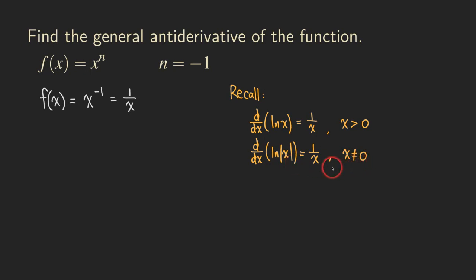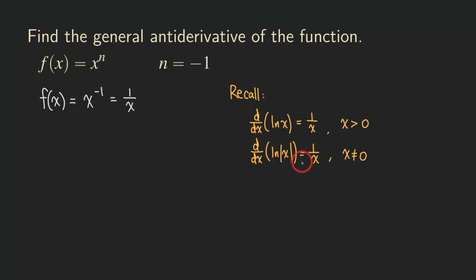So now what happens? Which one do we pick? Should we pick ln of x because it looks simple, with no absolute value, or should we put ln of absolute value of x? We should be putting this one, because in the original function, we didn't even specify the domain. We allow x to be any number except 0 in this case.